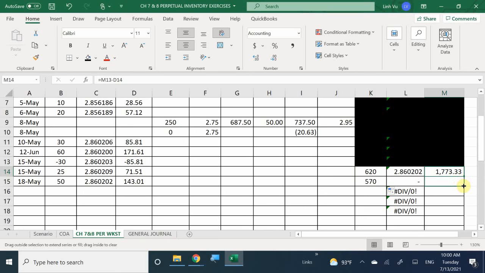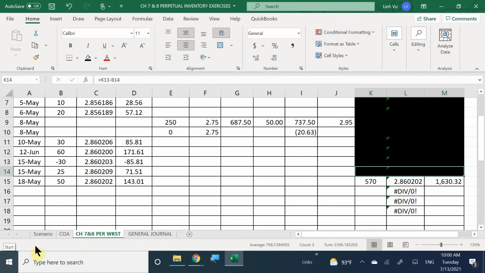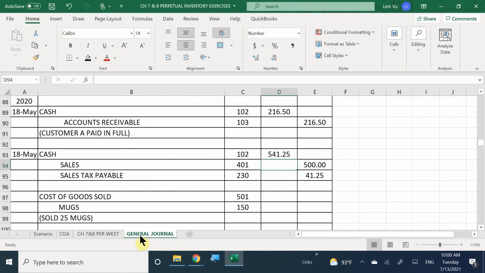And if I sold a total of $143.01, what's my total cost? 1630.32. Okay. Excellent. So in this case, I sold a total of $143.01.